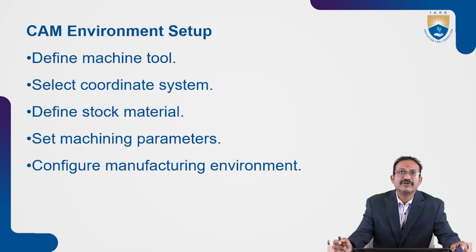We configure the manufacturing environment at the end; before that we set the machining parameters, define the stock material, select the exact coordinate system, and identify the exact machine tool. That is the definition of the machine tool.